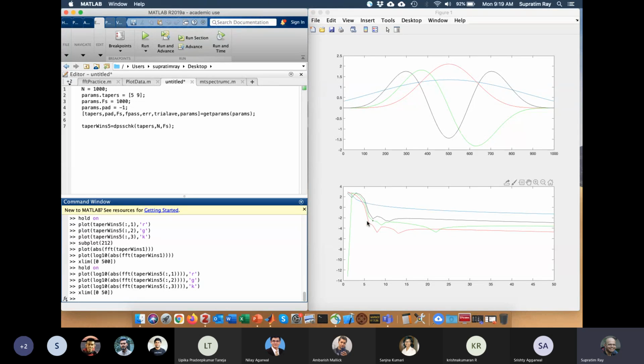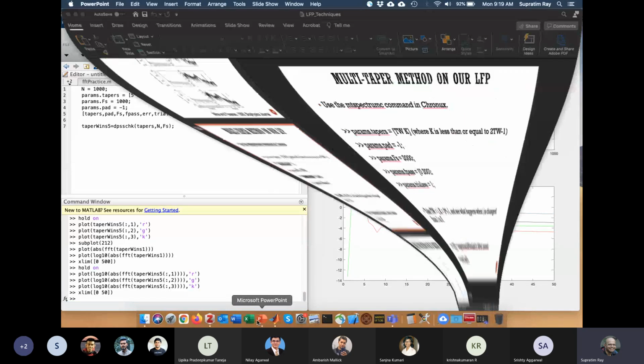These guys have a larger width. So this is the time frequency bandwidth. And between these, the sideband is smallest for the red one. And then this sort of starts to climb up. The side bands start to become bigger. This is the same effect that we had seen here.